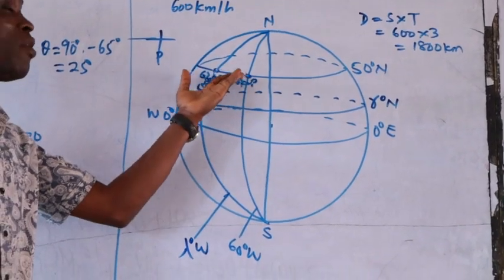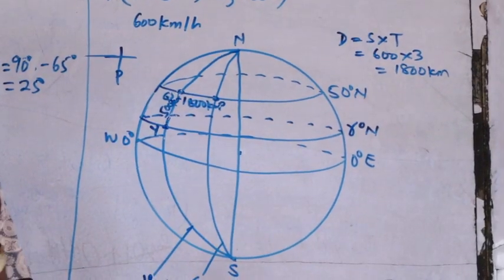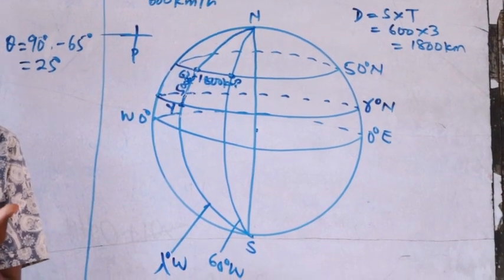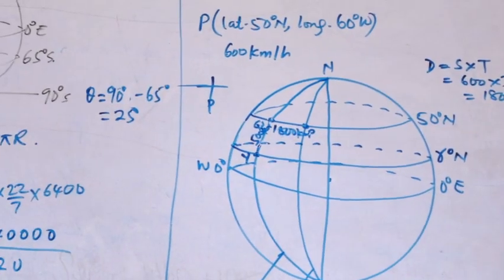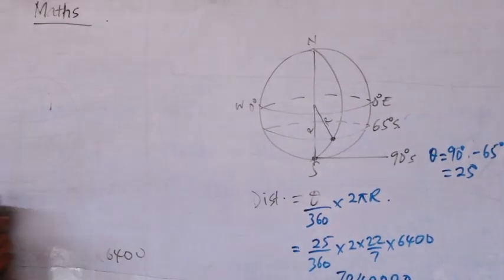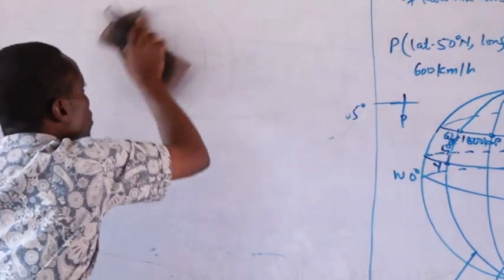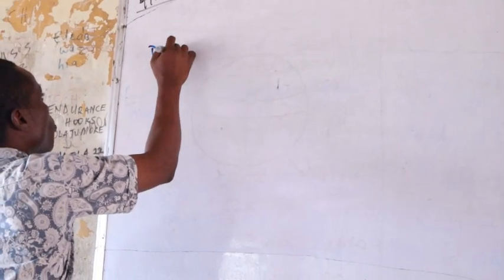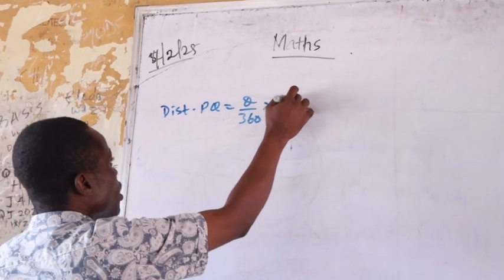Now, P and Q lie on the same latitude, and that determines the formula. Since the two of them lie on the same latitude, that is a small circle, and the formula is theta over 360 times 2 pi small r, where small r is big R cos alpha. Is that taken? So now we can write this: distance PQ equals theta over 360 times 2 pi small r.